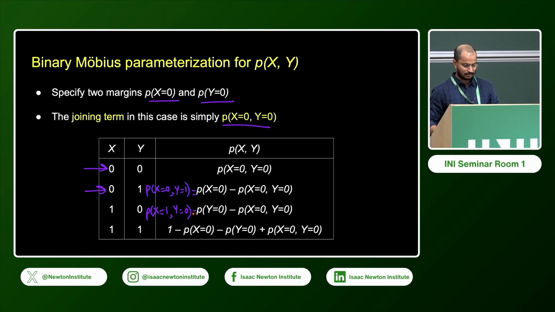I love it when things line up nicely with really simple concepts that we've learned about. For this last term, you can say that p of x equals 1 and y equals 1 is equal to 1 minus p of x equals 0 or y equals 0.